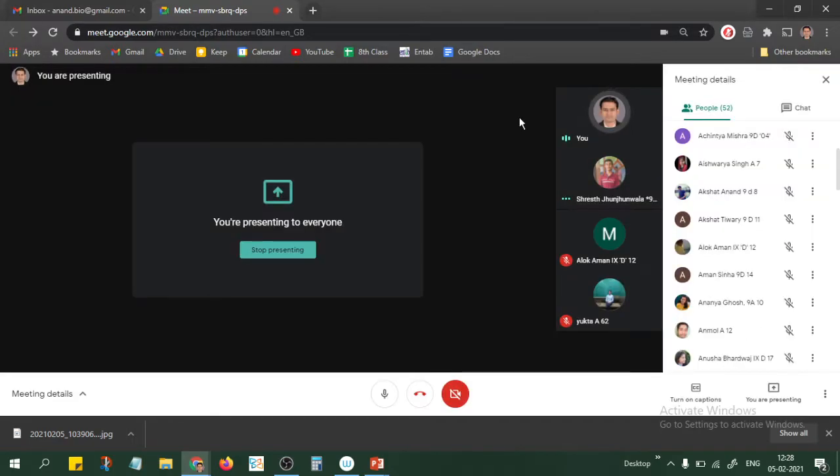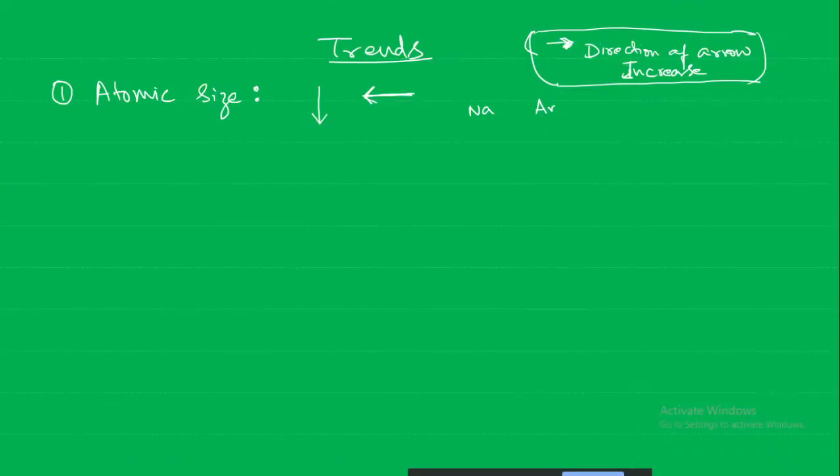So the size of sodium will be larger. Across the period, sodium, this group 1, will be larger compared to the halogens, here group 17, and then argon is coming.